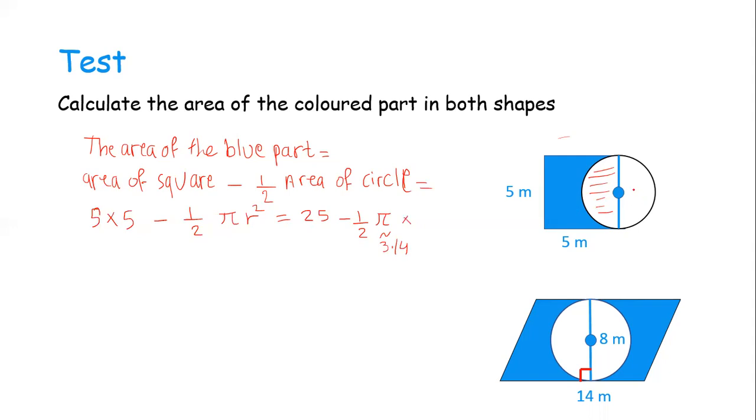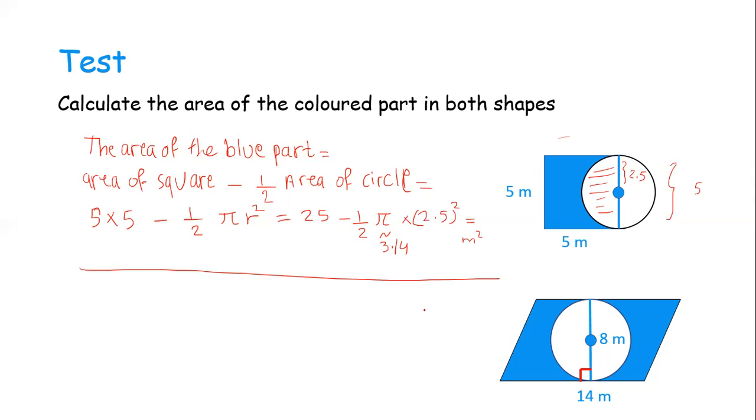So if this is 5, it means that this is 2.5. So it's 2.5 squared, and we do the calculation. And the result has the unit of squared meters because it's an area.